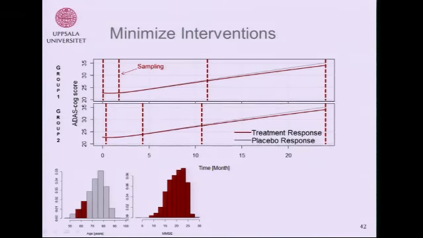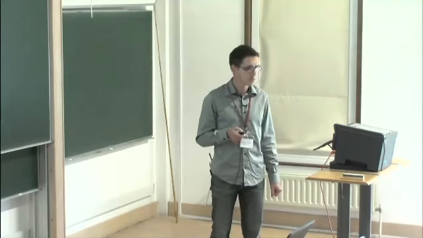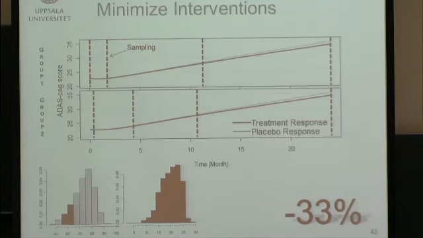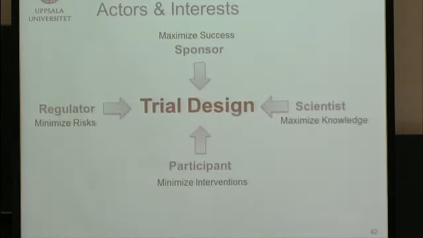What we end up with is that it's better to have two groups, and in each group a placebo and a treatment arm, with different sampling times in those two groups, leading to, in total, 33% fewer samples, which is obviously good for the patients, but also for the sponsor, since those investigations are quite expensive.